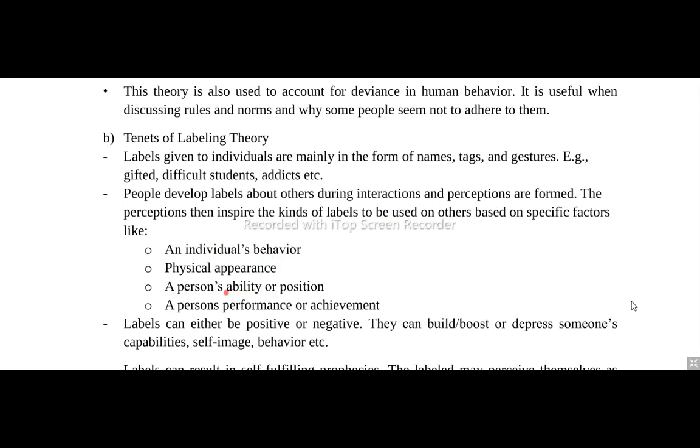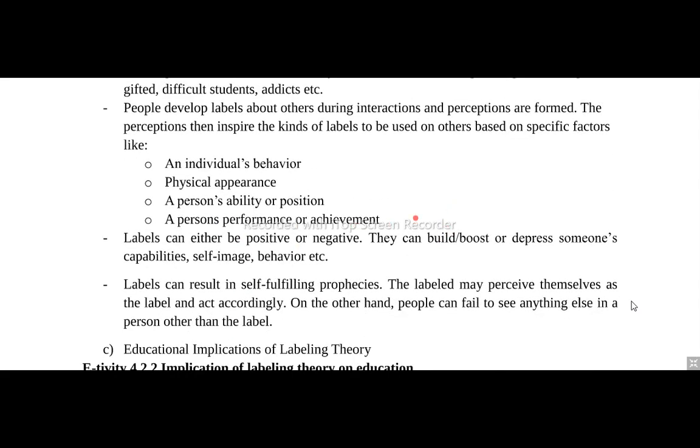A person's ability or possession: we may call a person a laser because they are sharp, very good, intelligent. A person's performance or achievement: we may call one performance because they always come number one, number two.